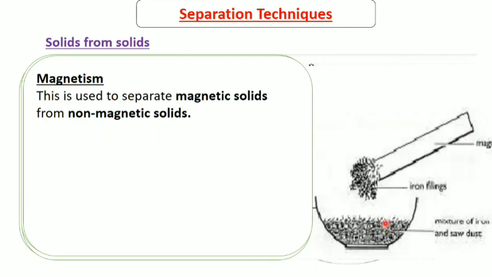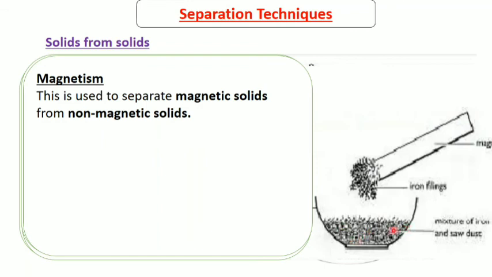In this case, you have iron filings. I know the labels are not clear, but it's okay, just follow my explanation. This mixture is made of iron filings, which are magnetic, and sawdust, which is not magnetic. When you bring your magnet here, the iron filings are going to be attracted. All of them are going to be removed and you're left with sawdust.